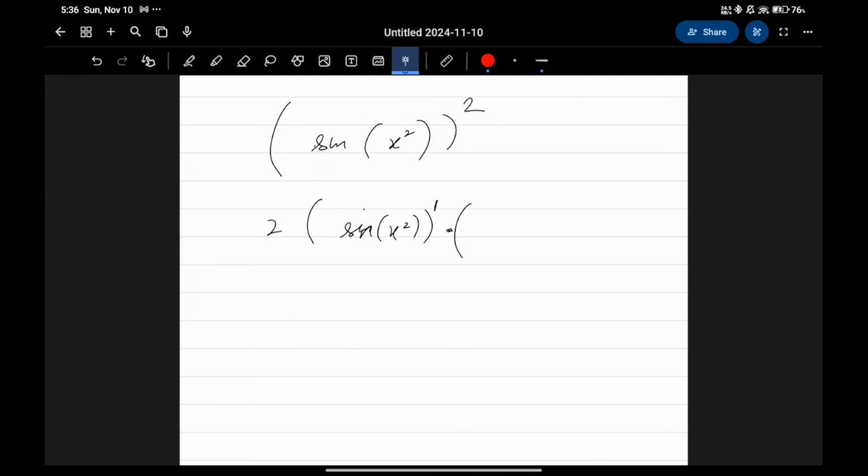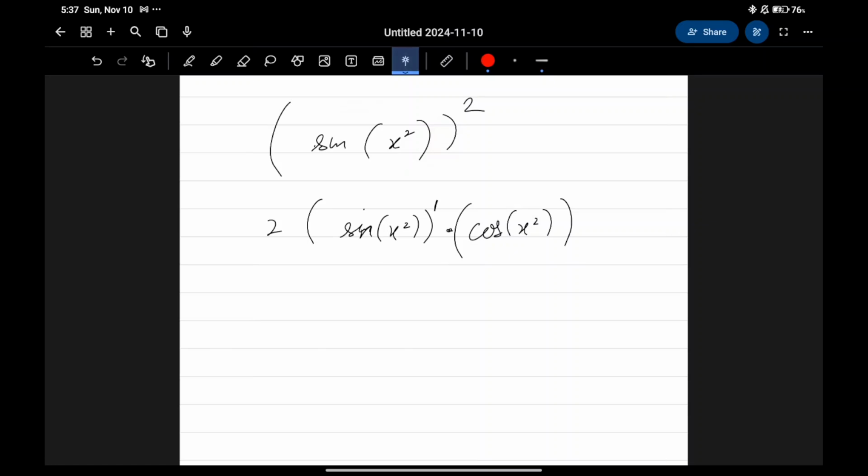And what's the derivative of sine function? If anyone can quickly tell me. Cosine, perfect. So the derivative of sine is cosine. Now I don't care what's inside yet. Okay, I'm looking at this. So this is gonna be cosine, whatever was inside.